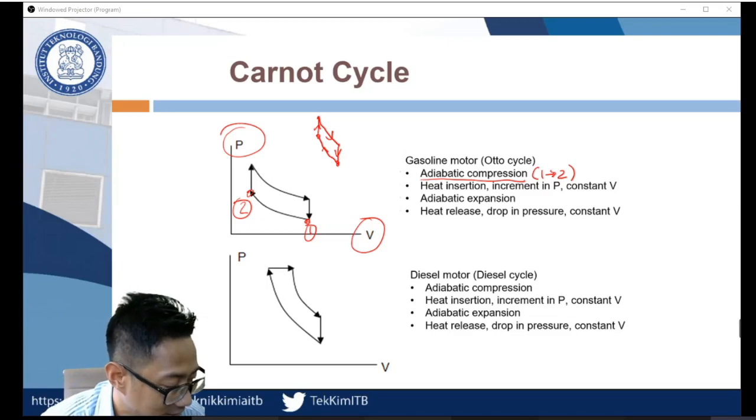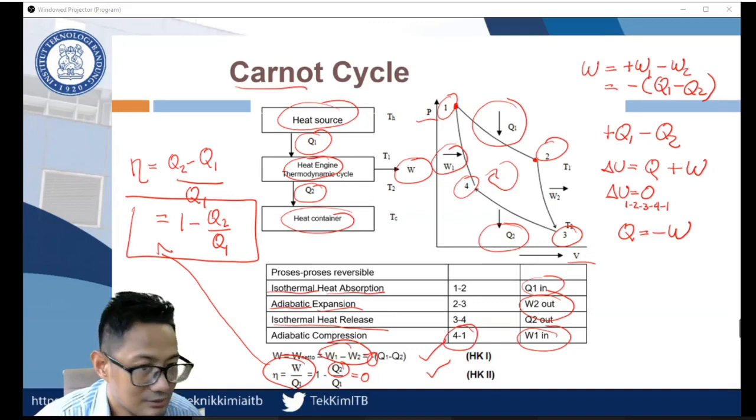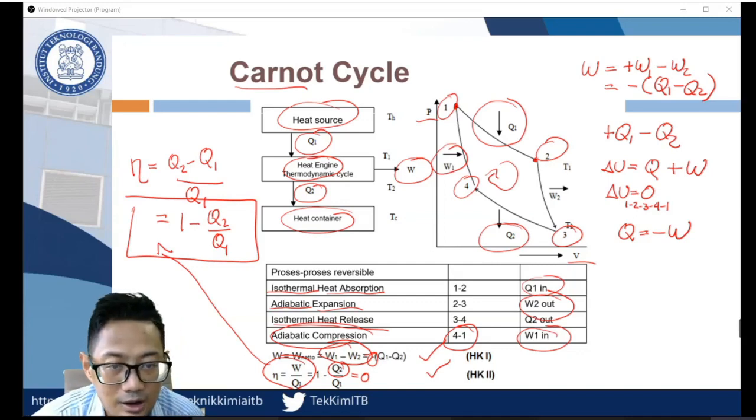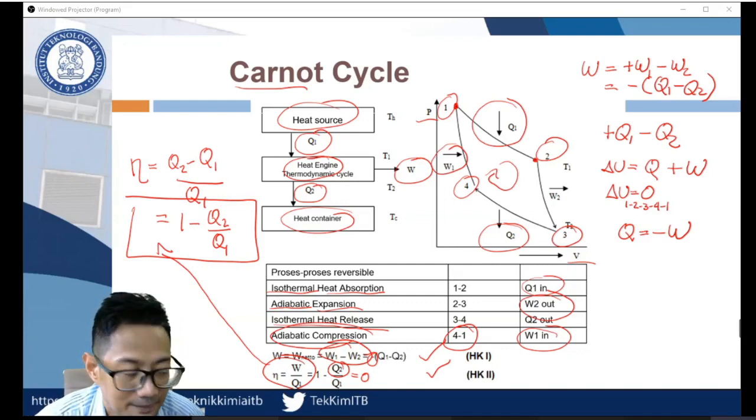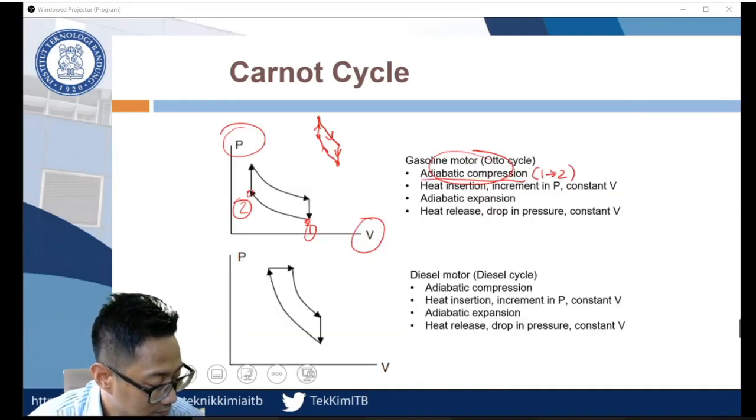No, remember the adiabatic compression. I will give you another example here, adiabatic compression, 4-1 in this case. Can you guess this one? This is equal to work in, right? So it's not heat absorption, but work is coming into the system. This is work in.